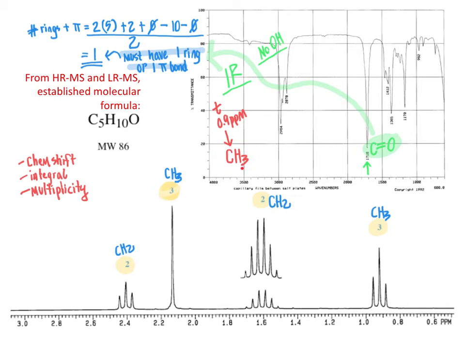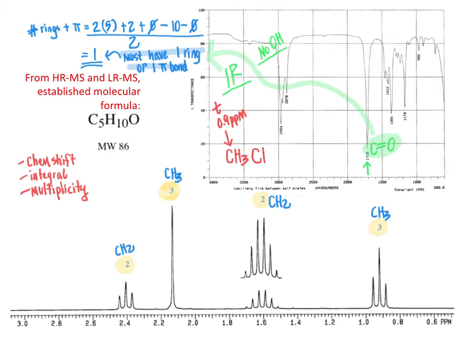In order for a methyl group, the CH3, to exist as a triplet, the triplet implies that this set of protons must be vicinal to two other protons, because remember that a triplet using the n+1 rule means that n+1 equals 3. So solving for n, n must equal 2. And so that means there are two hydrogens that are vicinal to this CH3 group.